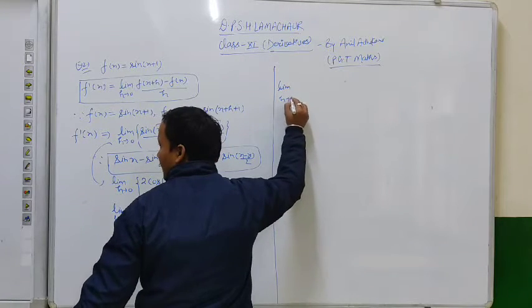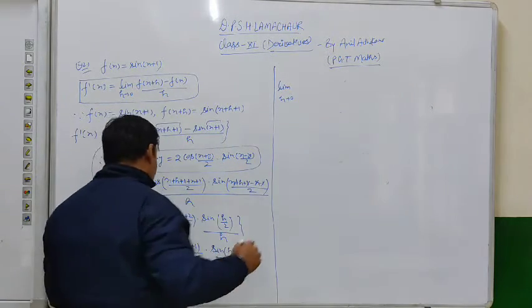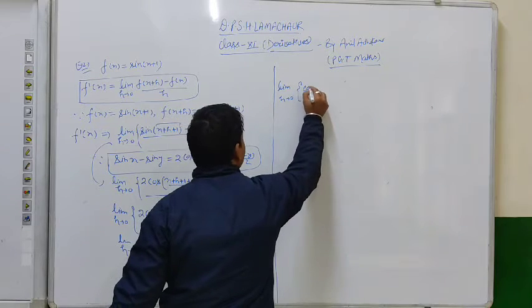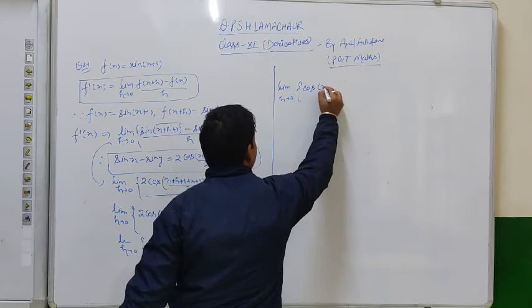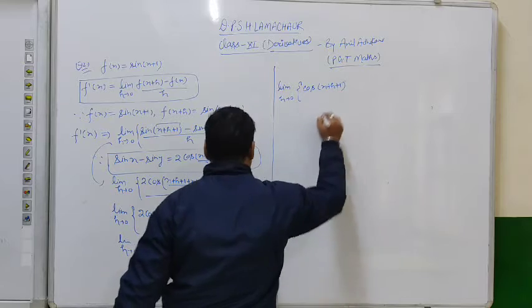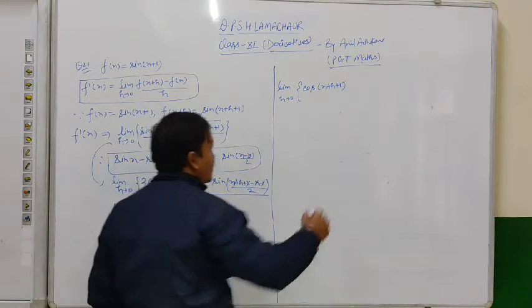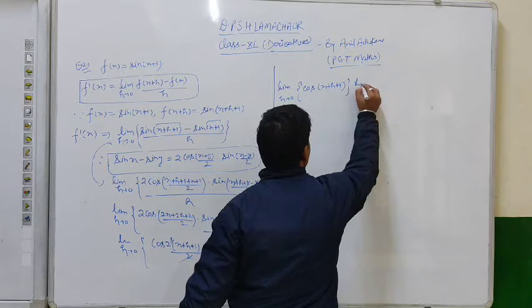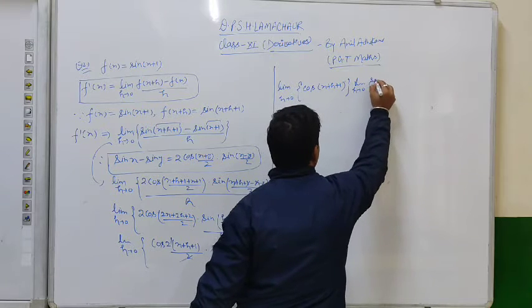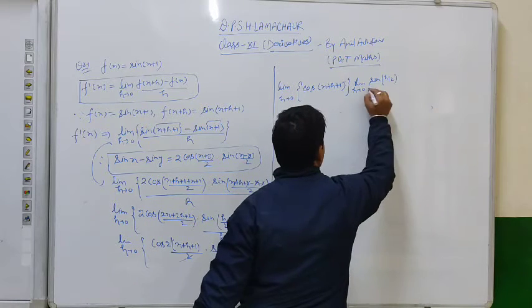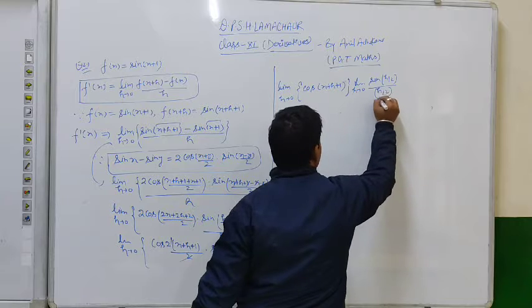Limit h tends to 0 cos of (x plus h plus 1) into sin h by 2 upon h by 2, into limit h tends to 0 sin h by 2 divided by h by 2.